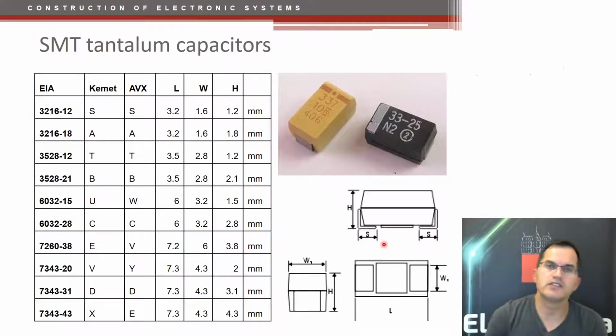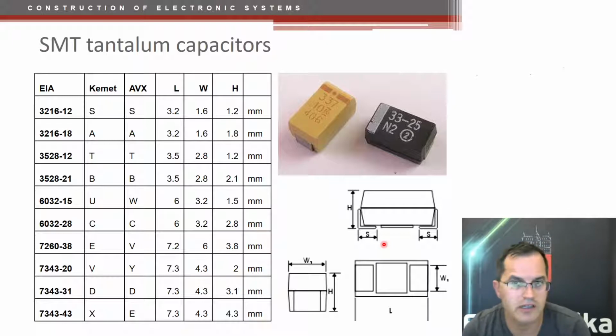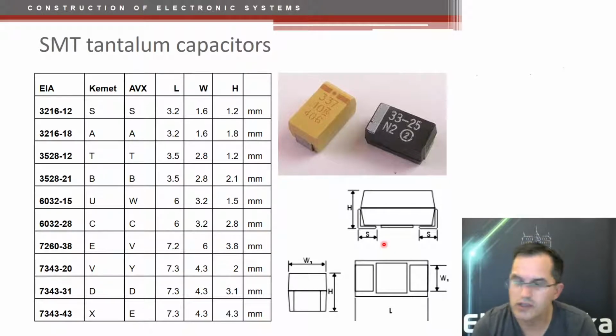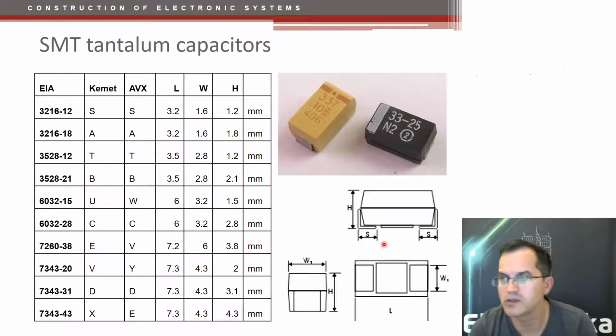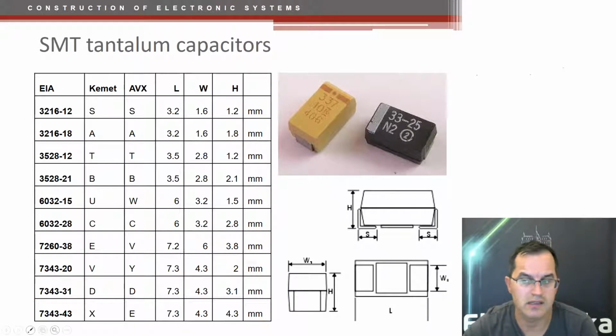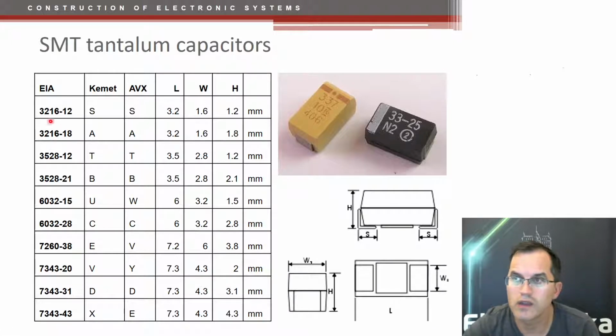The surface-mounted tantalum capacitors are a special type of electrolytic polarized capacitors that have larger capacitance than the ceramic ones, but they are still of high quality. Not as high as ceramic, but still quite good. Their sizes are given in the same manner as in the case of resistors. So let's say that one is 320 times 160 mils, and this is the height.